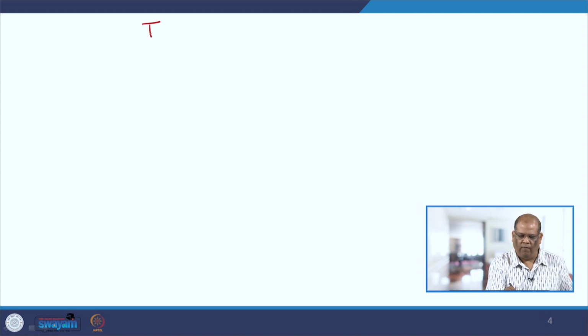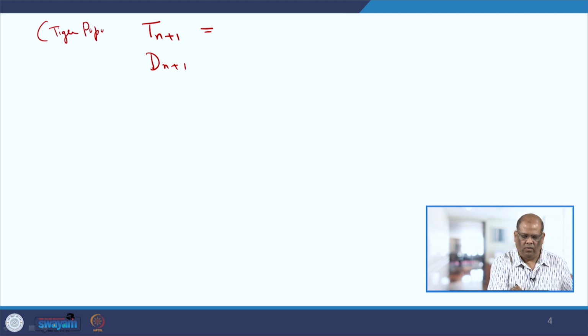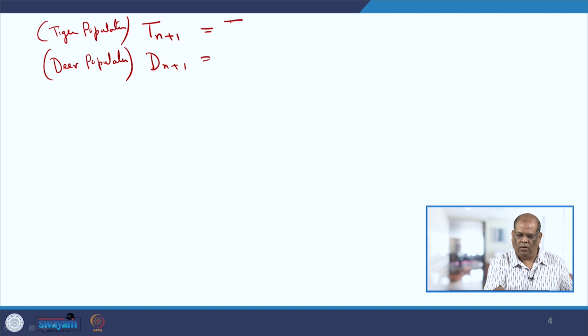So, you have Tn plus 1, Dn plus 1. This is the tiger population and this is the deer population. This is the tiger at year n, the deer at year n.